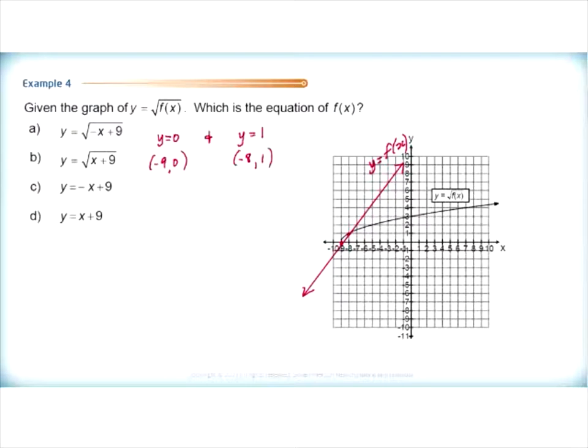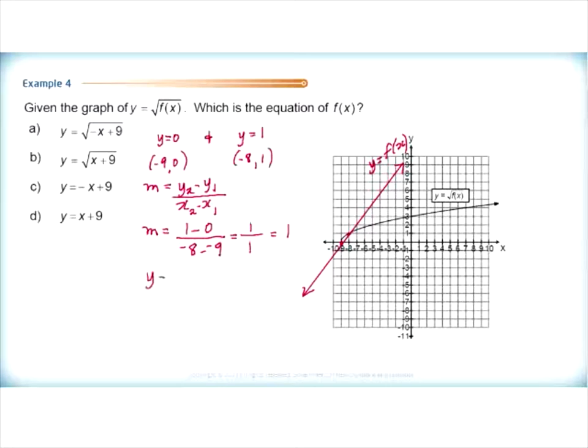Using 2 points, we can determine the slope using the slope formula, where you have the difference in your y's over the difference in your x's. So the slope in this case would be given by 1 minus 0 all over -8 minus -9. That equals 1 divided by -8 plus 9, which is 1. So the slope of this function is equal to 1.